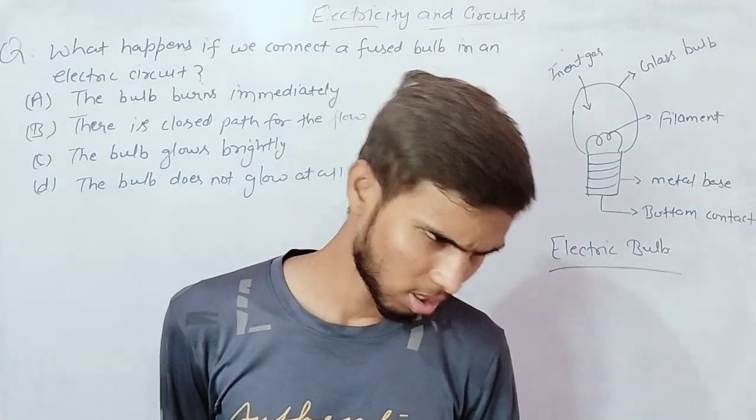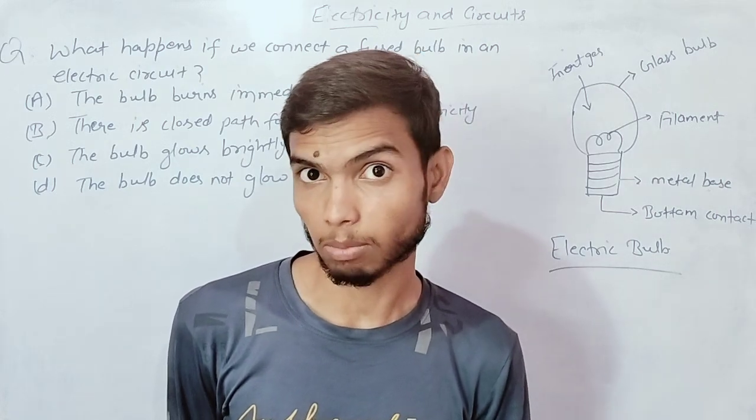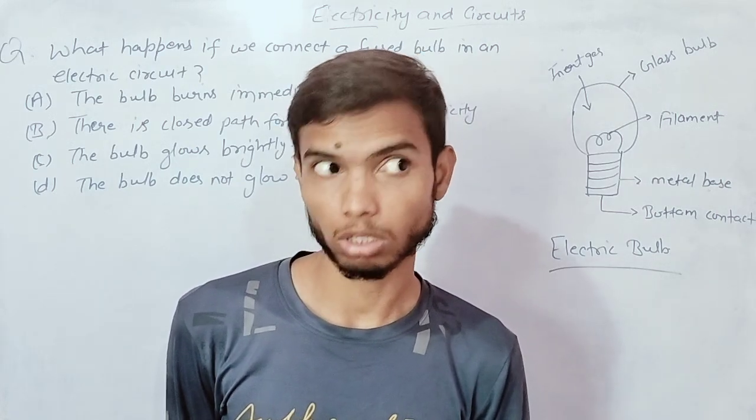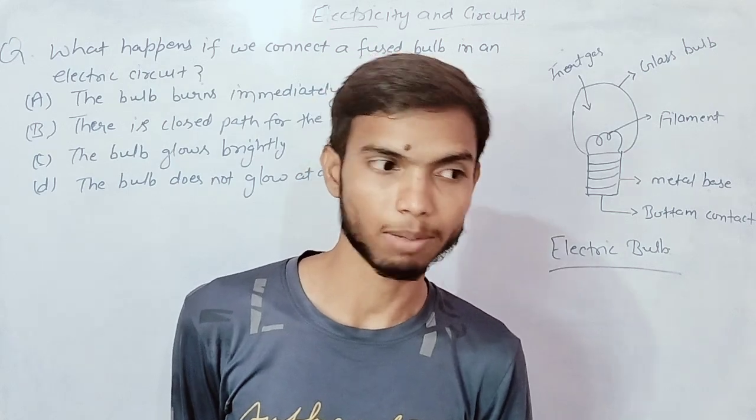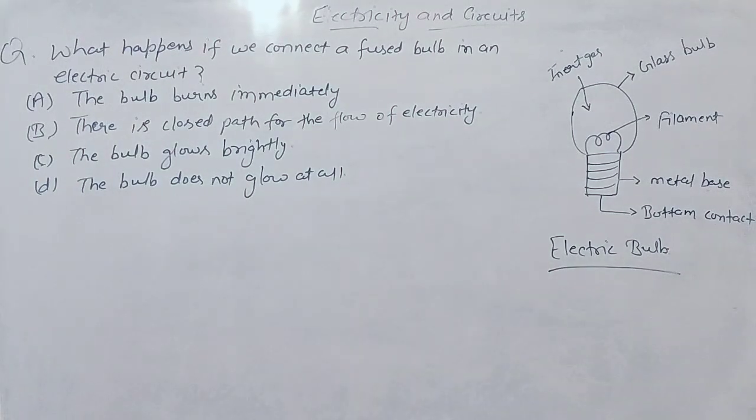The filament will be broken, it can be the problem with a fused bulb. That's why that bulb is fused. So a fused bulb, as we know, does not glow.